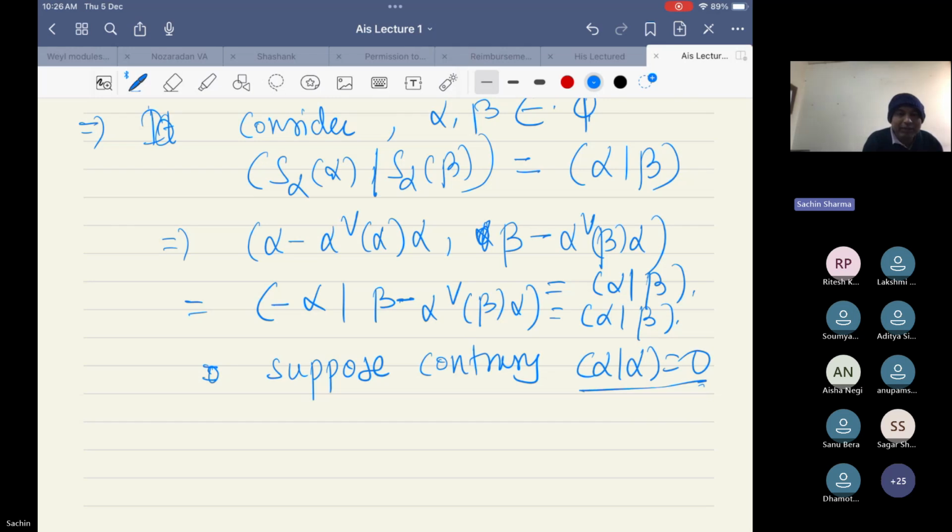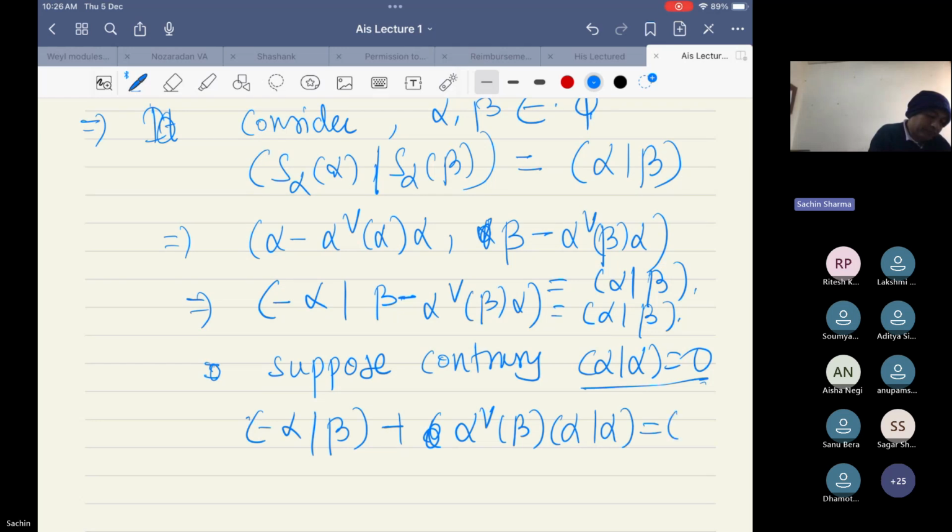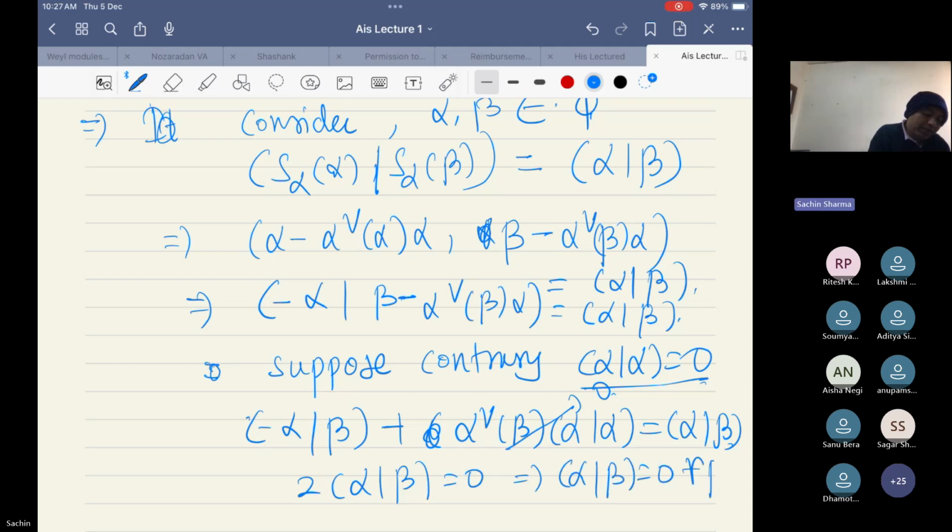The left hand side will become 0, right? Yeah, so this is 0 anyway, so you will have twice of alpha beta. This is equal to 0, and alpha beta is equal to 0 for all beta belongs to phi.